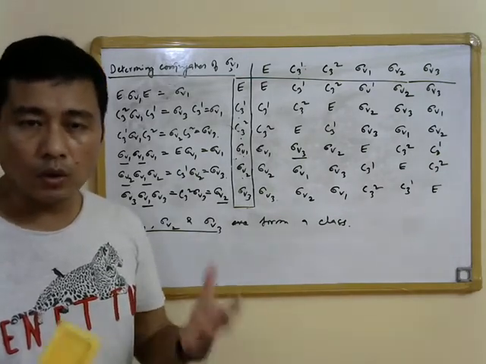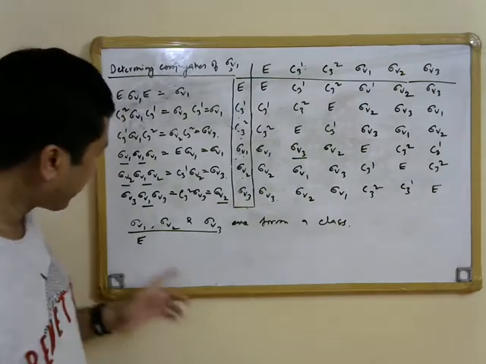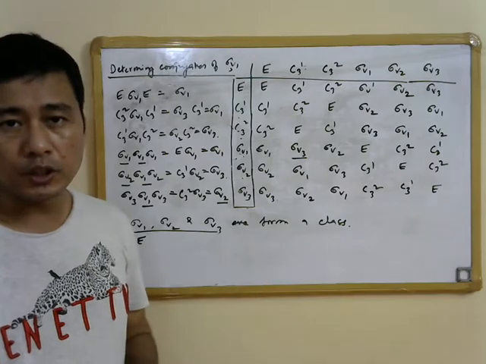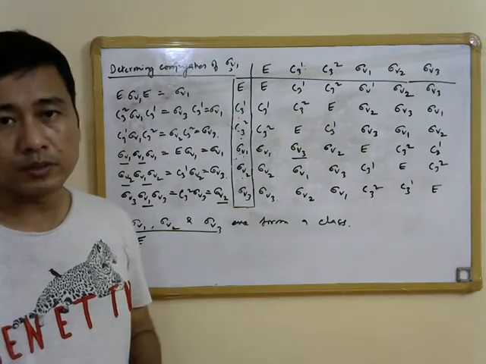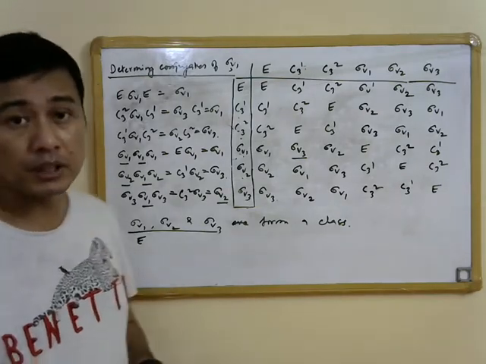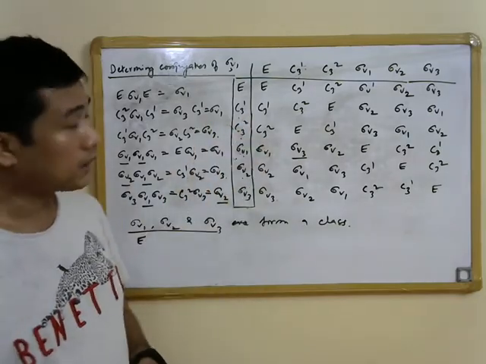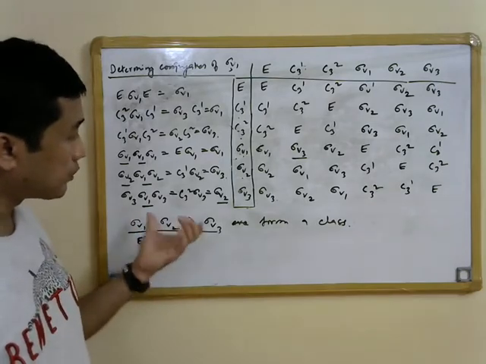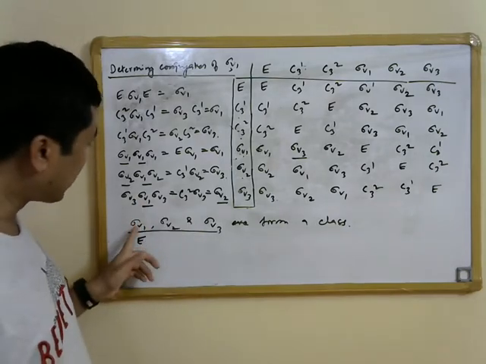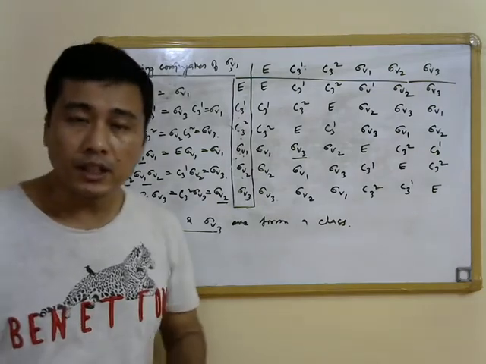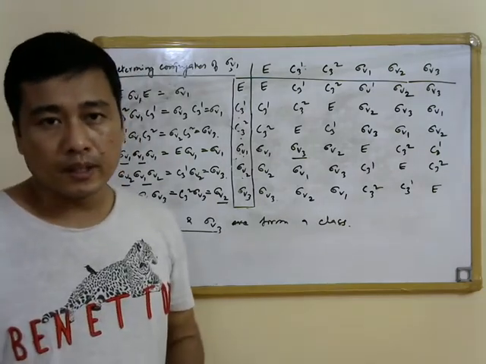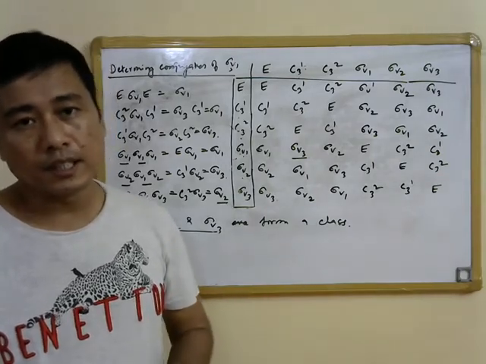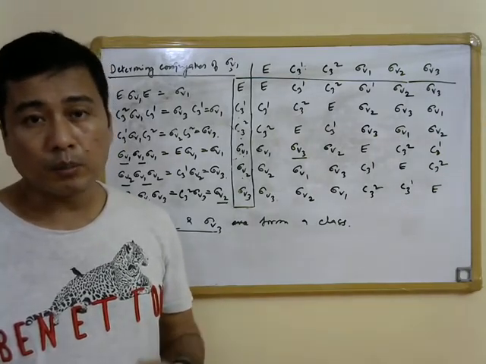The next class is formed by the elements C31 and C32 because they are conjugates of each other, as we found by doing similarity transformation using all other symmetry operations in the group. Finally, the third class is composed of three symmetry operations: sigma v1, sigma v2 and sigma v3. This is how one can find the classes in a mathematical group formed by the symmetry operations in a particular compound.